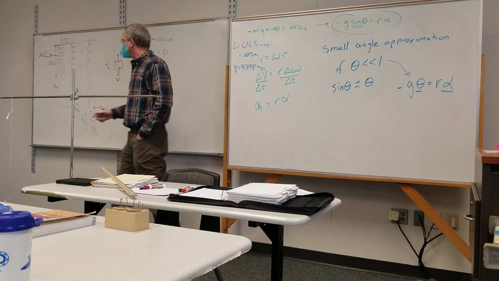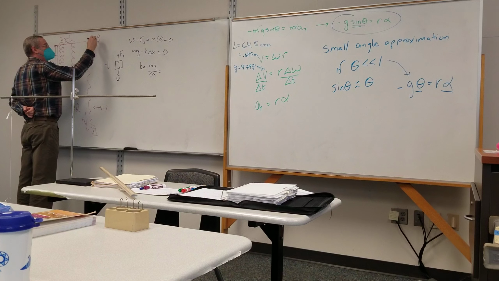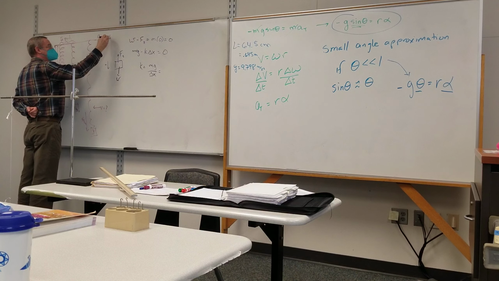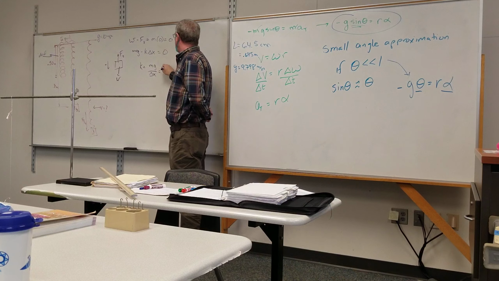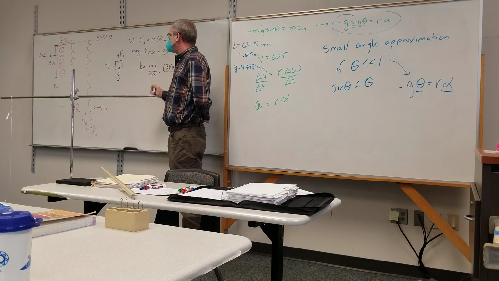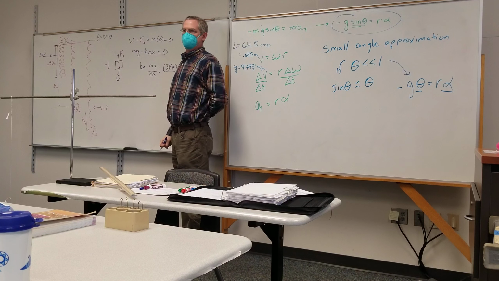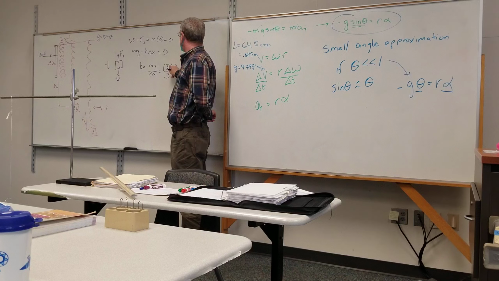So we can just do a little plug and chug. Let's make life slightly simpler, and we are on some magical planet where g is equal to 10 meters per second squared. So I have 3 times 10 divided by, what is my displacement here? 0.3 meters. This 3 right here is kilograms, and this is meters per second squared.